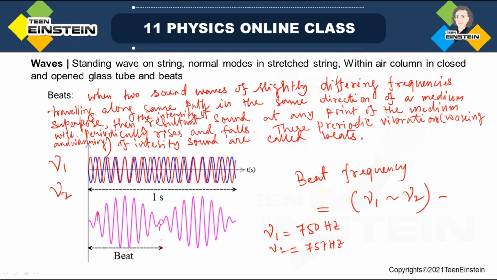So the beat frequency in this case will be 7 hertz. Okay, just take the difference.